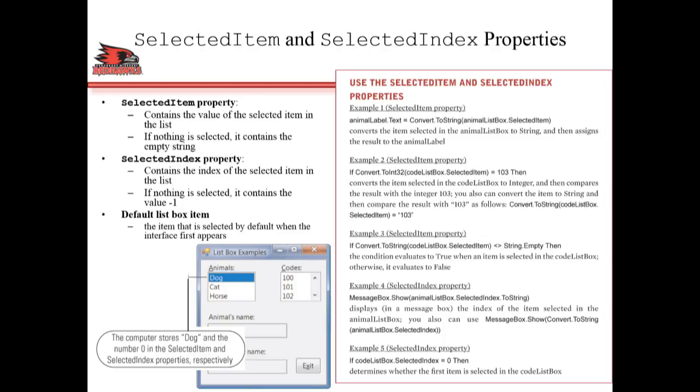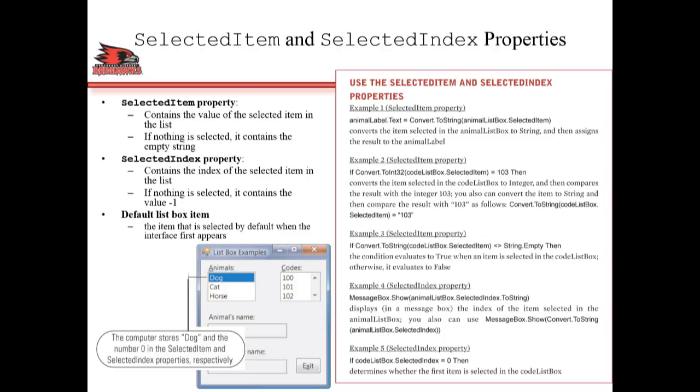The SelectedItem property contains the value, or the content, of the selected item in the list. If nothing is selected, it contains the empty string. On the other hand, SelectedIndex contains the index of the selected item, like 0, 1, 2, 3.